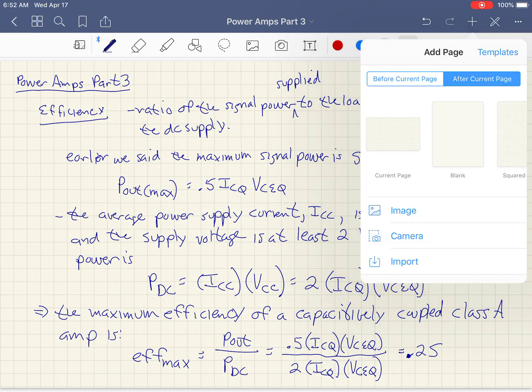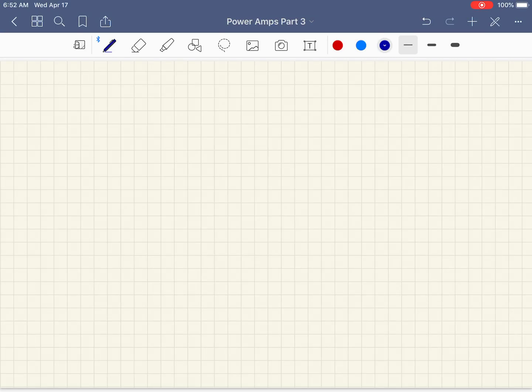Let me add another page here. Let's put a little star here.